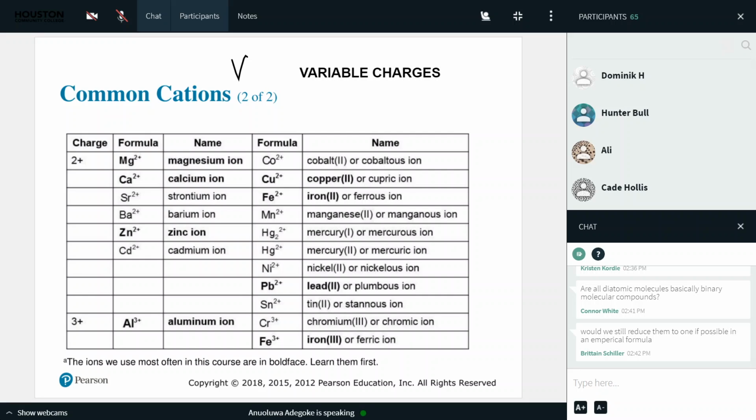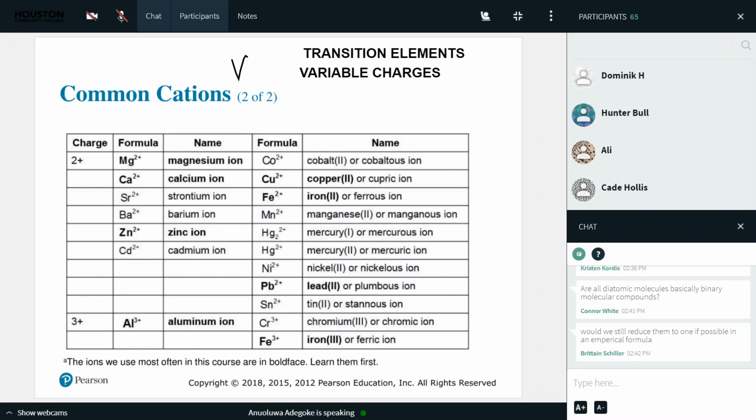The reason why they have variable charges, we are going to learn that. One of the implications of their variable charges is that they are very colorful elements. If you've ever worked with transition elements, they are very colorful, and that's just because they can exist in different charges.